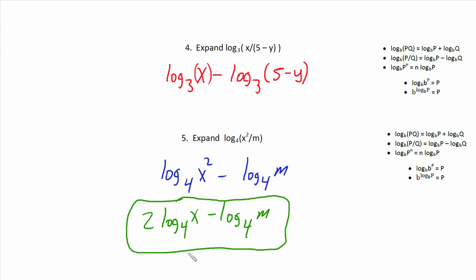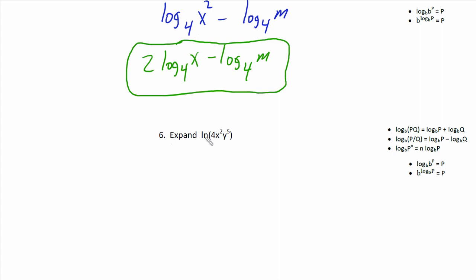It's fully expanded. Okay, 6, expand ln of this entire quantity. Remember that ln is just the natural logarithm, so no problems there. We've seen that before. Notice that originally we have an argument that has 3 factors in it: we have 4, we have x squared, and we have y to the 5th.